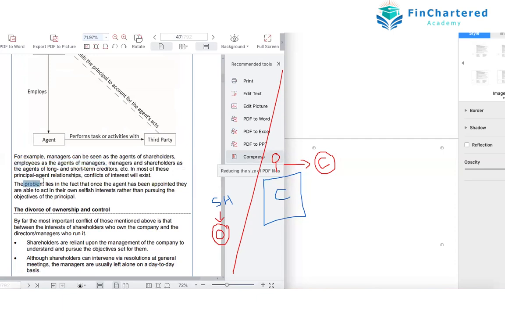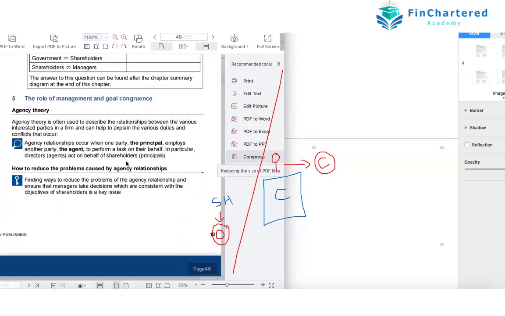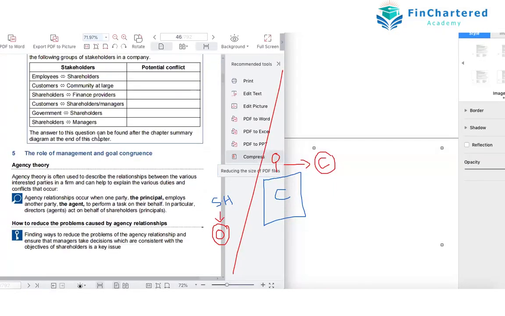Look at what I'm highlighting. The agency problem is where the agent starts working in their own interests. That problem would be known as the agency problem. Okay? I hope this box is clear. I hope the agency theory and all of that is clear.